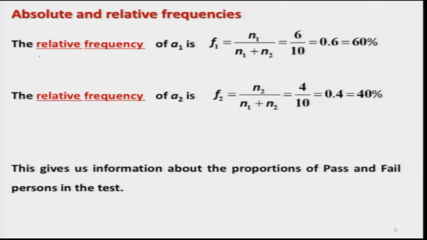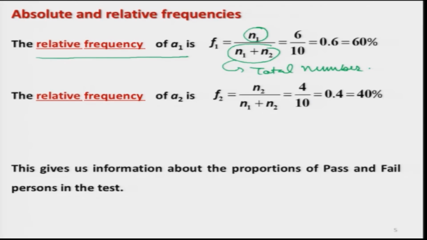So, I can define the relative frequency of the class A1 as the number of persons in the class divided by the total number of observations available, where N1 is the number in A1.